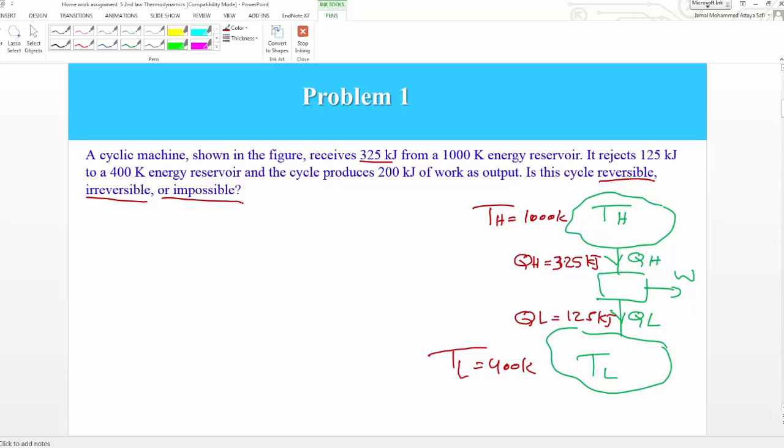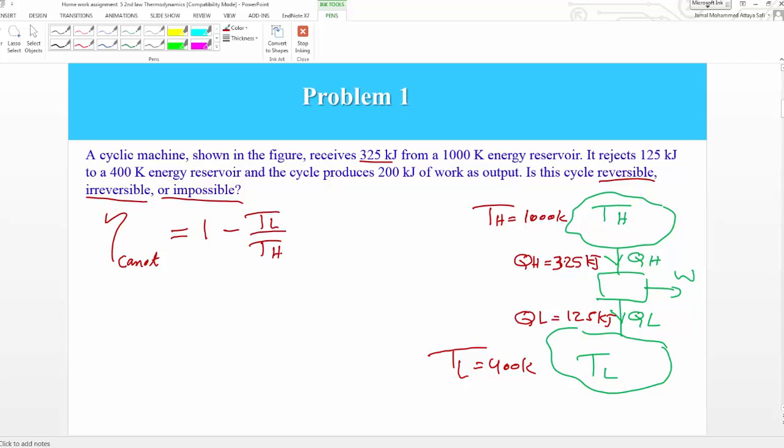means that it's impossible. So the thing that I do is that first of all I need to find the Carnot cycle efficiency. We have learned that it's 1 minus TL divided by TH.